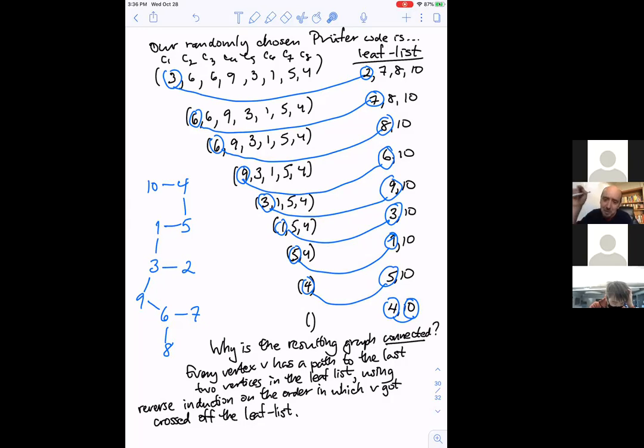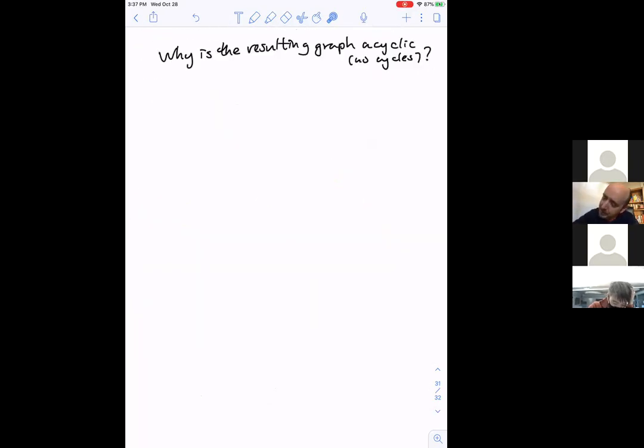And I claim if you build up a graph in that way, such that you're always adding one more edge to a vertex that's never been connected to anybody else, that never existed before, you can't create a cycle. So the claim is you can't create cycles, again, working backwards.